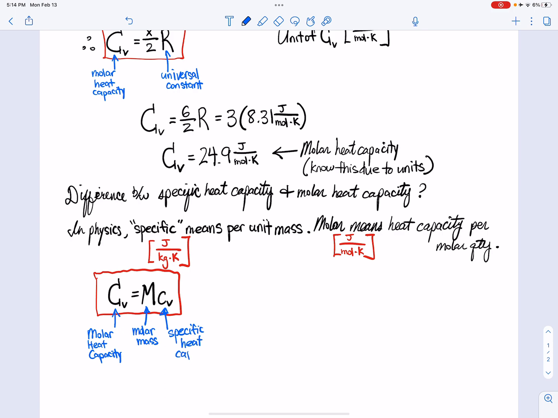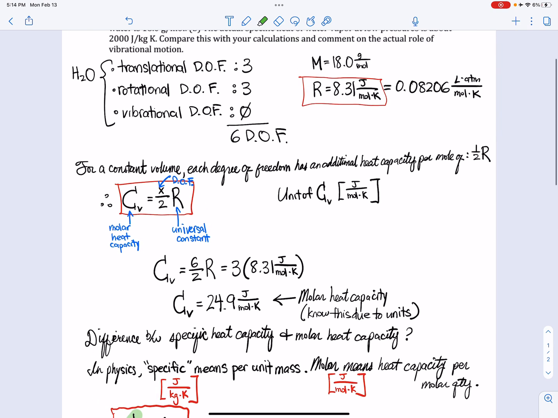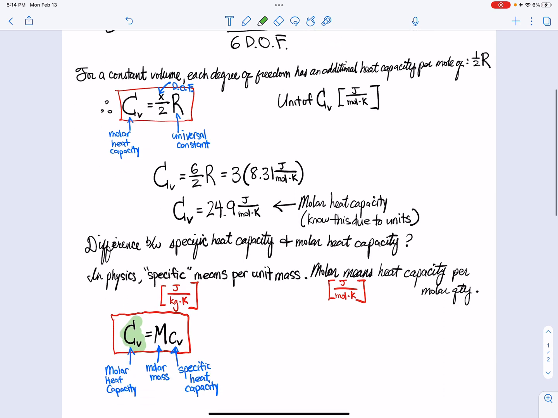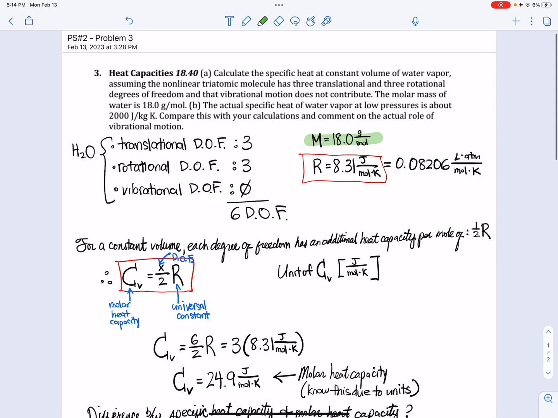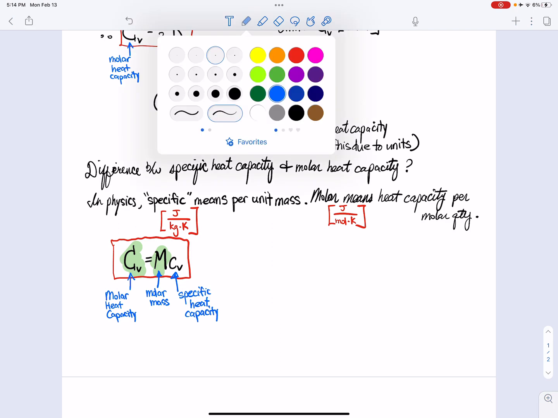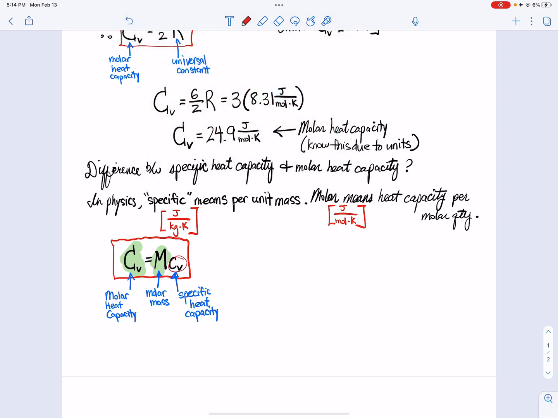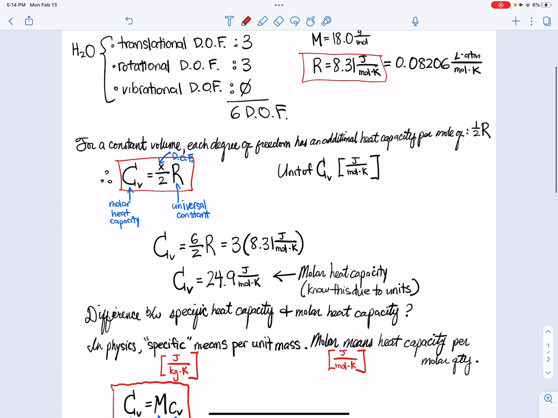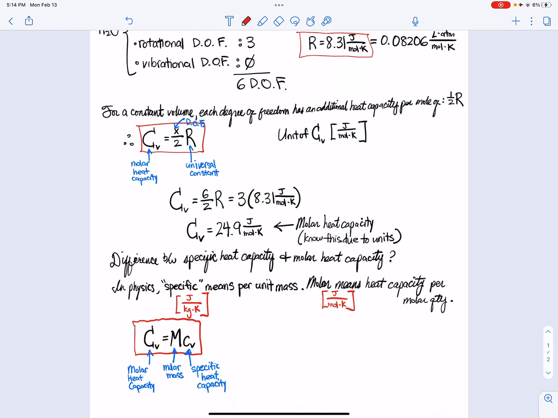Right now, I was able to solve for my molar heat capacity, and up here, we were given capital M, the molar mass. So now, as the question asks, calculate the specific heat capacity, and I could find that out, right? That's this guy, okay? So let's do that.